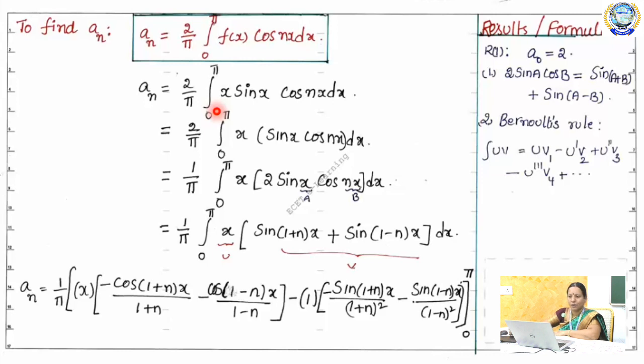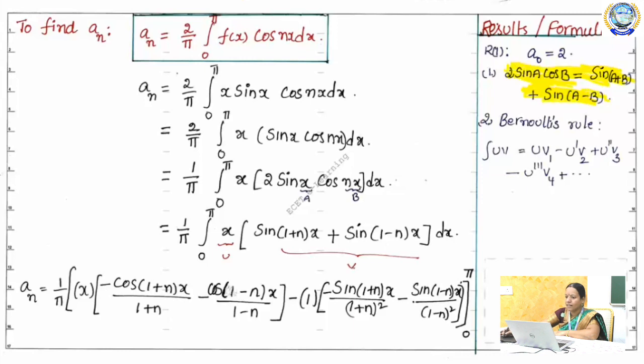Now rearranging this one, we get 1 by pi integral 0 to pi x into 2 sin x cos nx. This is of the form 2 sin a cos b equals sin of a plus b plus sin of a minus b.